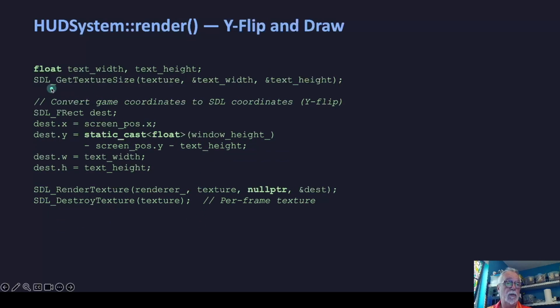And now here we do the flip. We get the texture size here. Then we do our conversion, and we get our destination X and Y. And now I render my texture into my rectangle, and then I immediately destroy my texture.